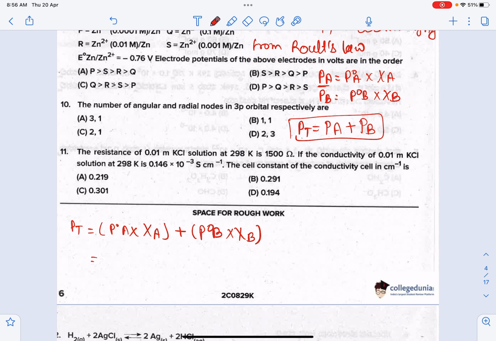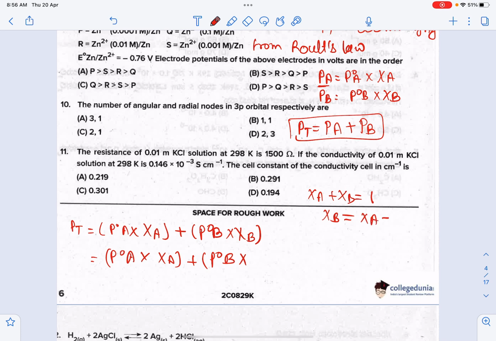As you know that XA plus XB is equal to 1, so you can write XB is equal to 1 minus XA. Okay, you can write it also.